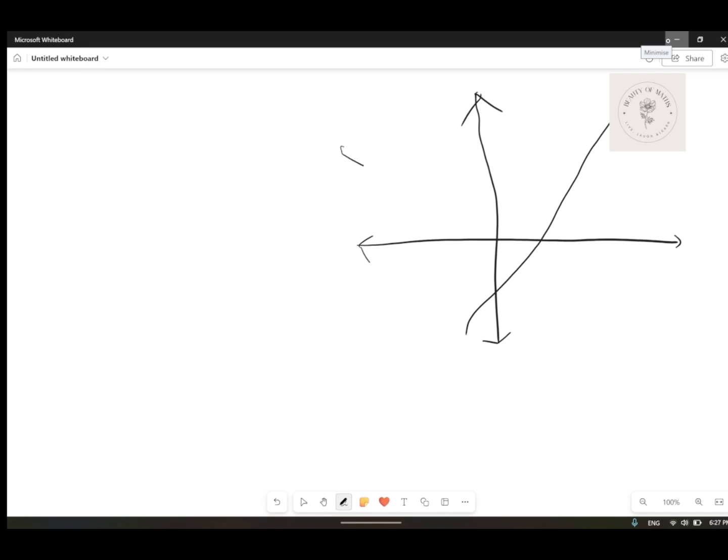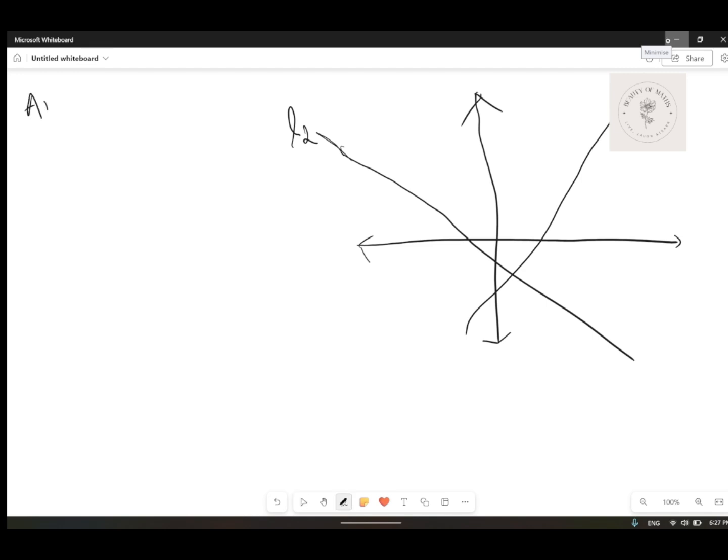And let's take this line. Yay, this sounds fun. So line L1 and line L2, which have a larger slope? Line L1 or line L2?